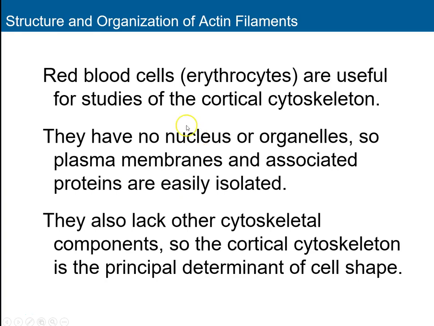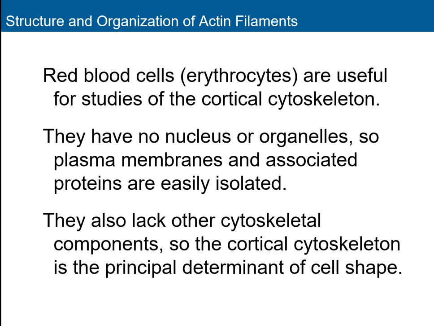Now, a lot of studies have been done using red blood cells, okay? If you're looking at the cortical cytoskeleton, so that refers to the cytoskeleton by the edge of the cell or closest to the plasma membrane, right? Because red blood cells are basically just membrane. And then, you know, there's no organelles, there's not really any nucleus.